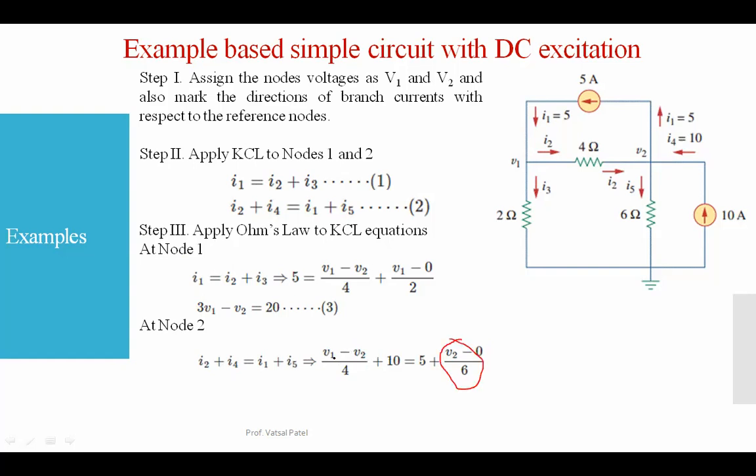And you can have V1 minus V2 divided by 4. This 10 you can shift to the other side of the equal sign, so it is 5 minus 10, minus 5 will be there. And this thing you can transfer to the other side, so it is minus V2 by 6. Then take the LCM and you can simplify this equation. So tell me what is the equation of the second node in terms of voltage and resistance after applying Ohm's law.